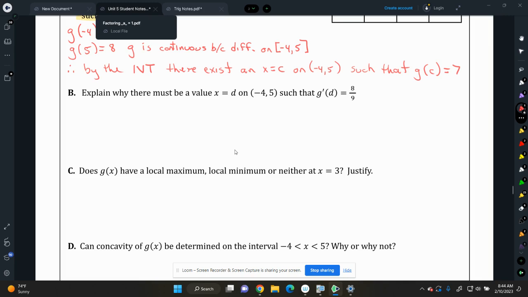Okay, the mean value theorem specifies that it's continuous and differentiable. Okay, the mean value theorem, your derivative is equal to your average rate of change. Rolle's theorem is continuous and differentiable.